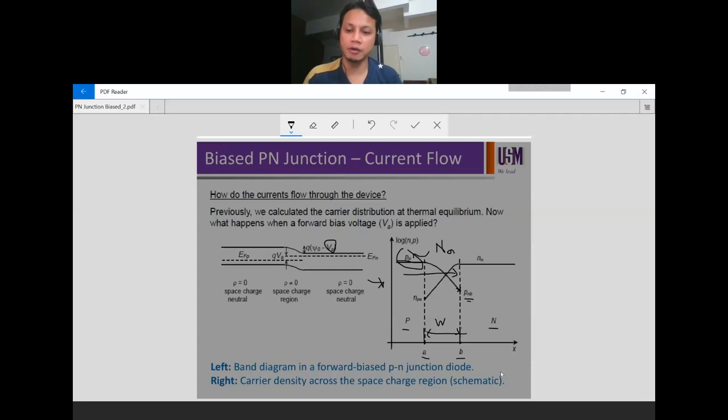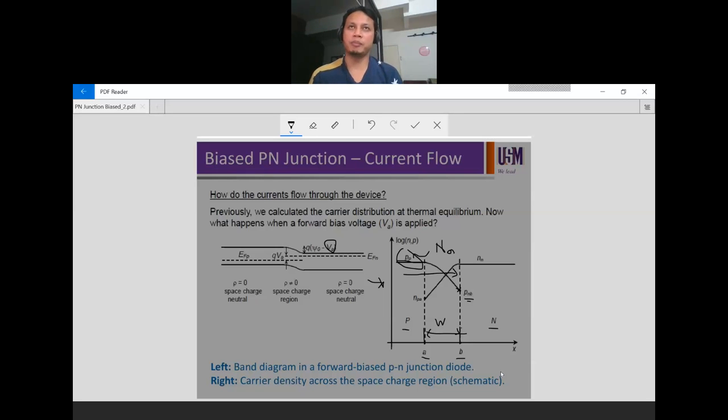What is n? What is B? Density of electron or hole? pn(B), hole, right? So density of hole in n-type material at point B. That's how you define pn(B). Okay? No problem.